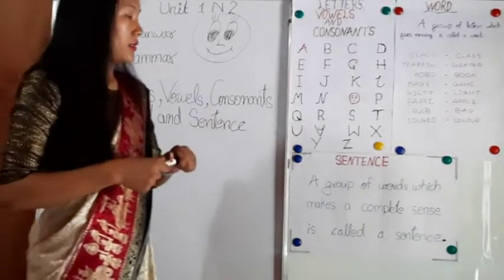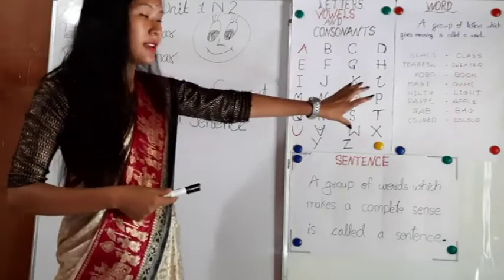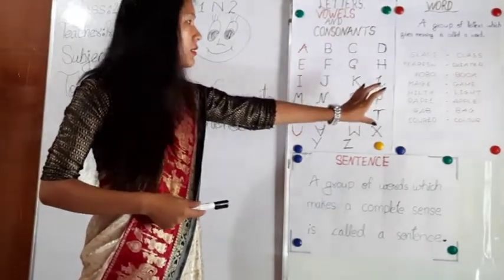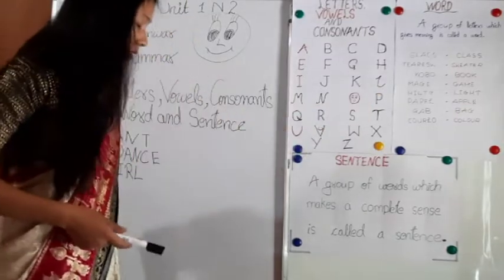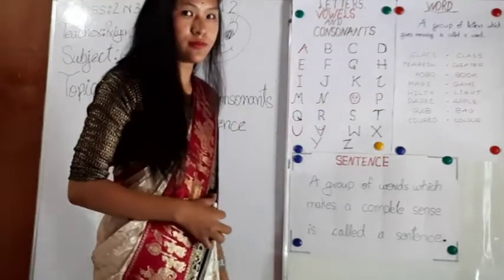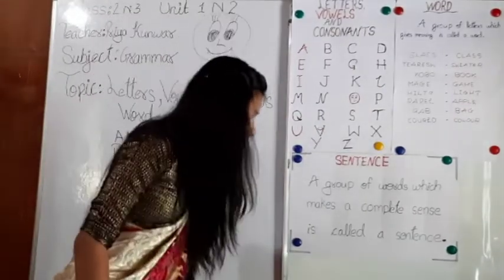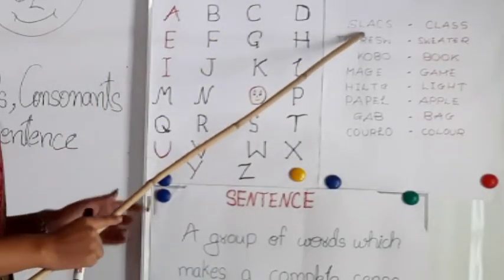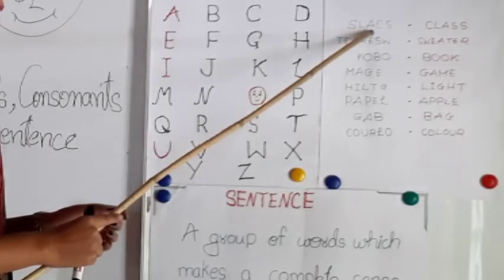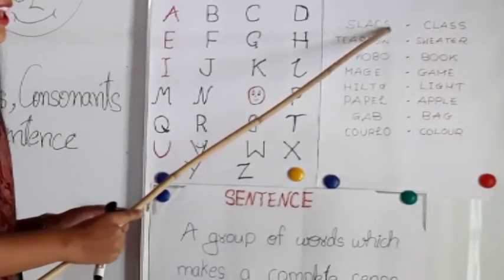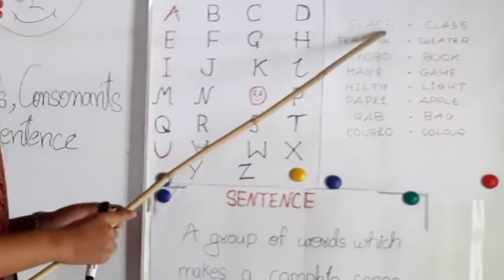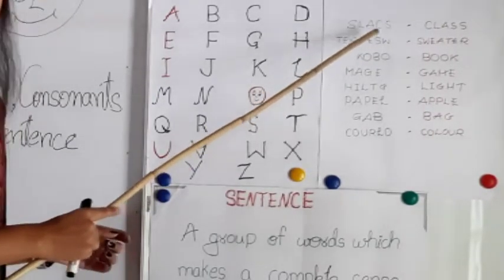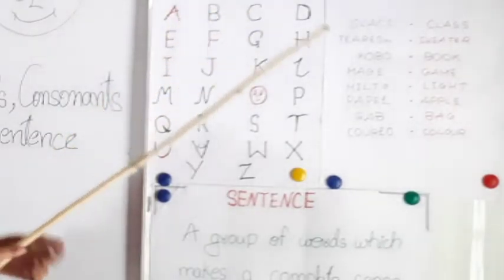Now you can look into the chart. Here I have made many words. So let's start with the first word. Our first word is S, L, A, C, S, slash. A group of letters, but it does not give any meaning.